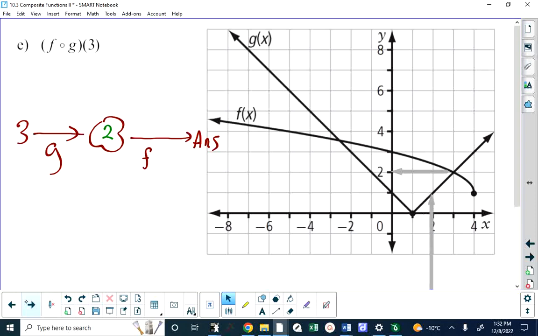So you look at 2, and the y-coordinate, the number coming out, we're going to estimate to be 2.4.